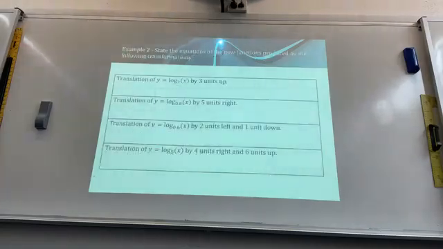Now, example 2. Here, can you write the new equation? Talking about translation only. So 3 units up is log of x plus 3.